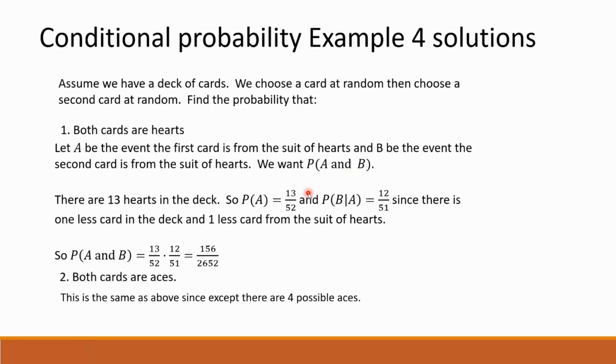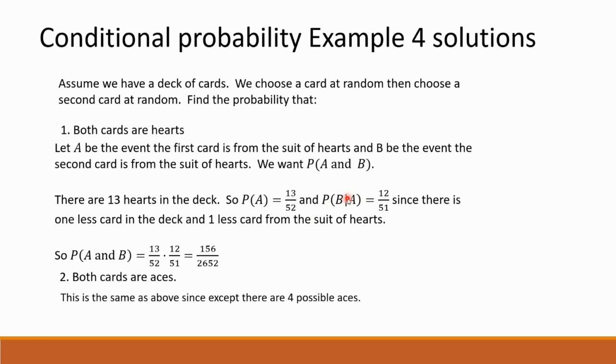Okay, well, for A, there's 13 cards you could choose from, right? So the probability of that is 13 out of 52, as you can see. Now, let's get the probability of B given A. We knew they were not independent, but even if we didn't know for sure, it probably would be a good idea to get the conditional probability anyway, because we know A has occurred.